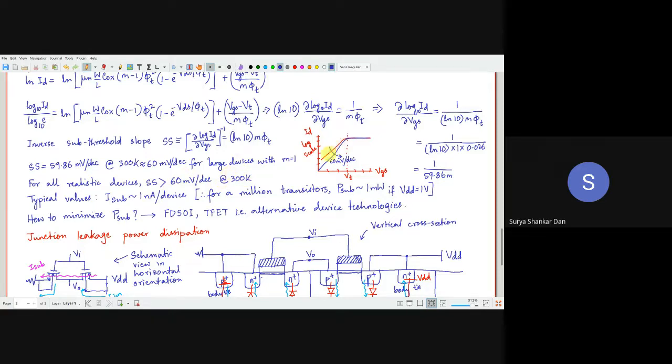And the point where this current plot crosses the y-axis is in nanoampere per device. Look, this is for one device. Therefore, do a simple calculation. If there are million transistors, 10 power 6 into 1 nanoampere into VDD, say 1 volt, how much will it come to? 10 power minus 3, that is milliwatt.